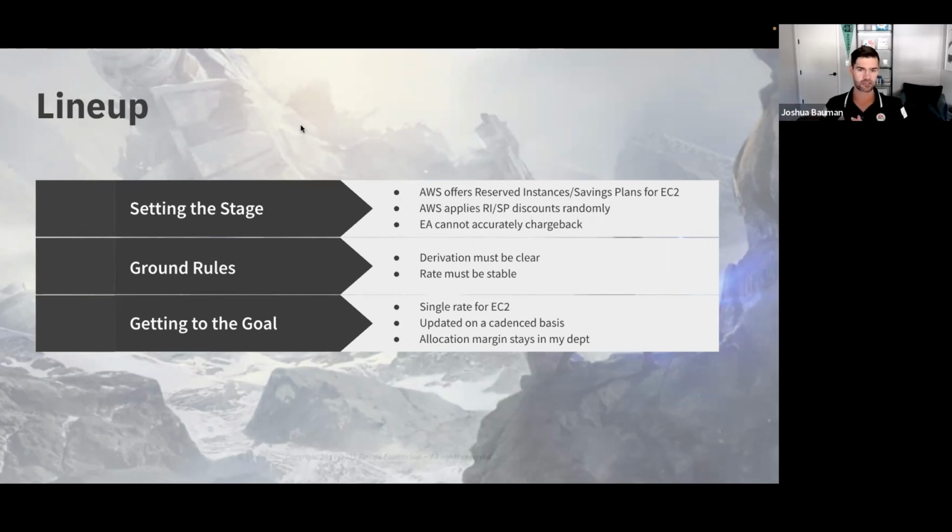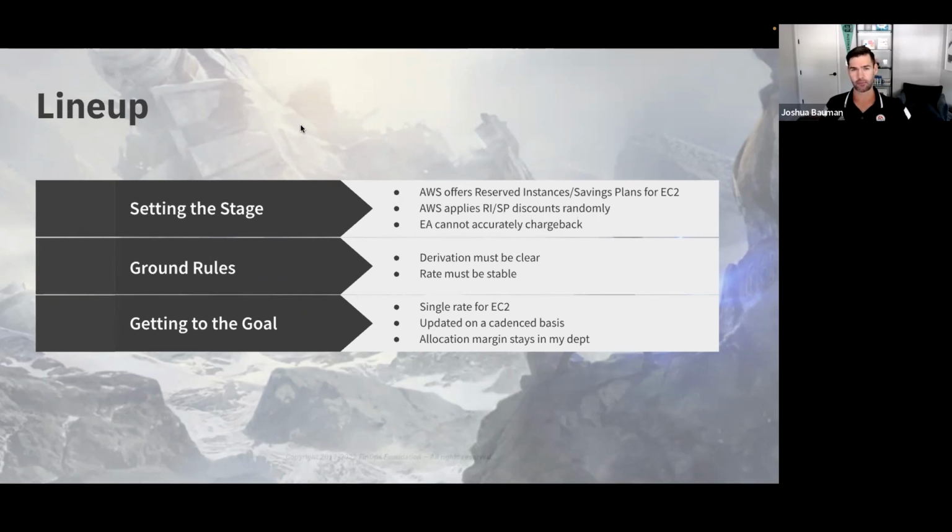So that's the first thing we did, was set the stage, right? We said, we've got a whole bunch of products that we want to buy from, in this case AWS, but we do the same thing with GCP and Azure as well. But we want to buy these great commitments up front that allow us to save money, right?